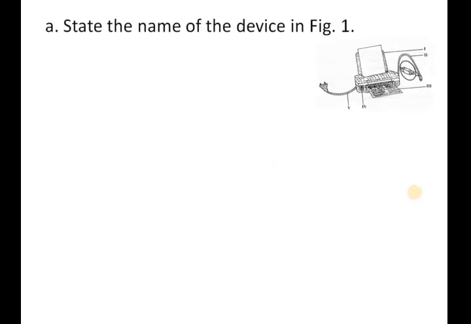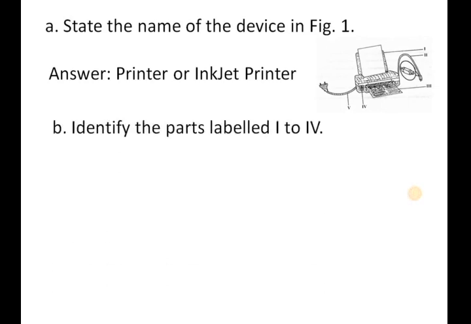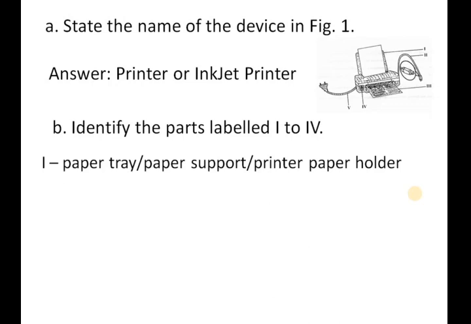Now, the name of the device. Looking at the device, you know that this device is a printer. It's a printer or inkjet printer. Identify the parts labeled I to IV. The first one is the printer tray, paper tray, paper support, or printer paper holder.